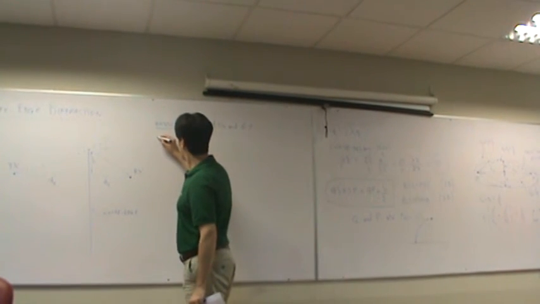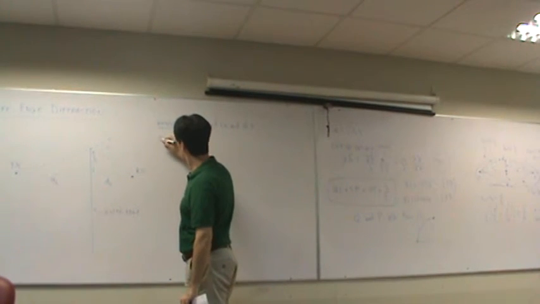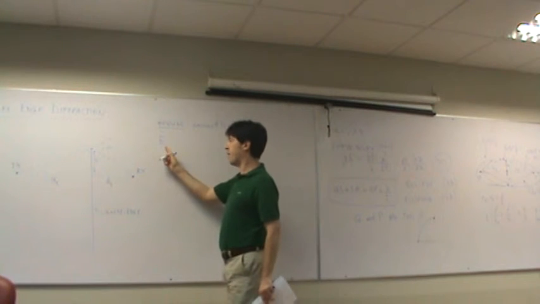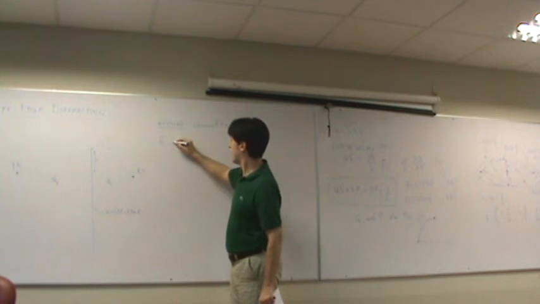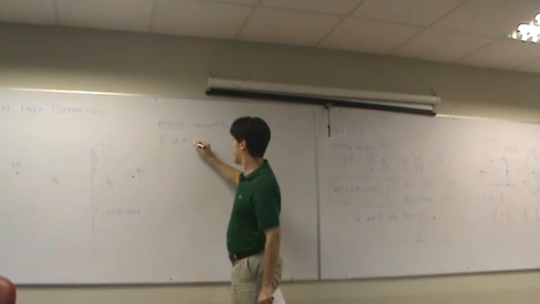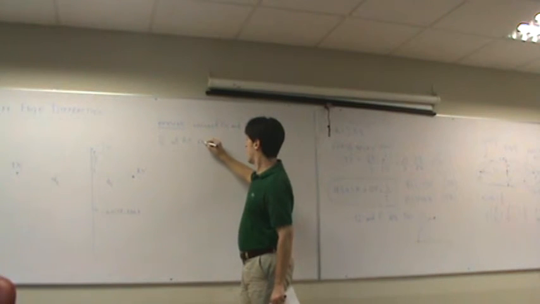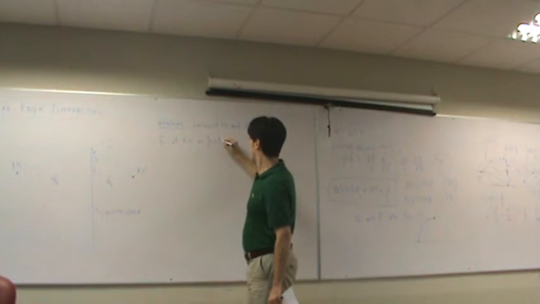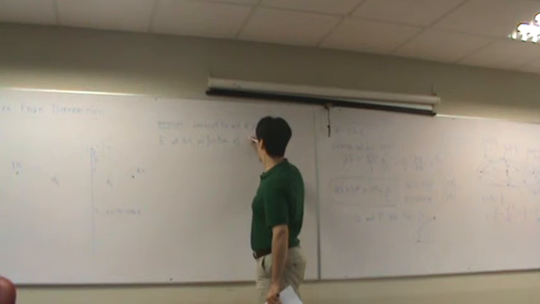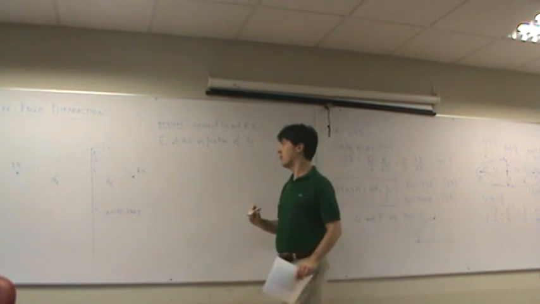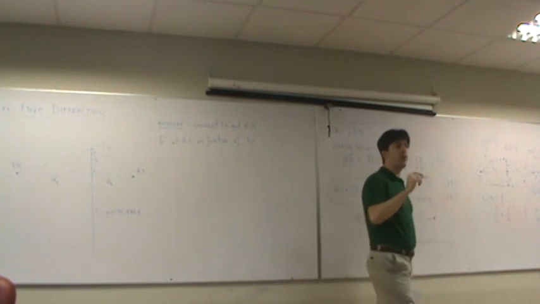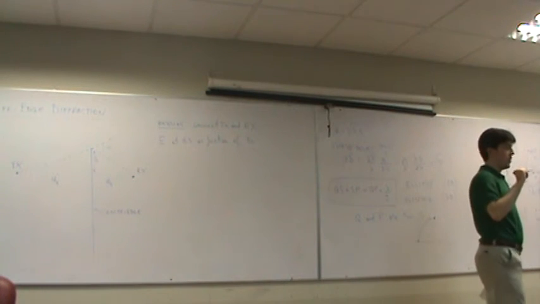In particular, we are interested in the amplitude of the electric field at the receiver as a function of E0. E0 is the field that you would receive in free space.